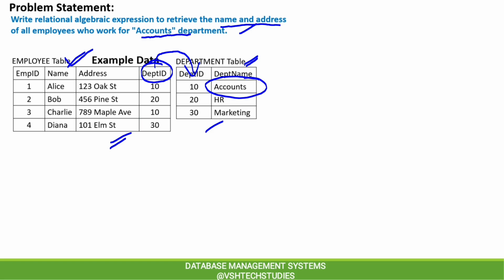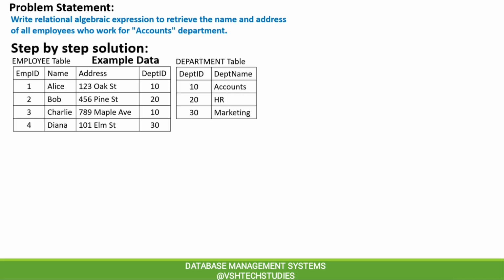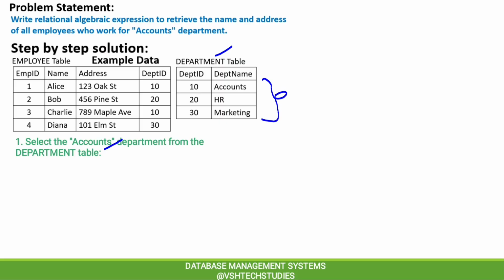Okay. So step by step solution, the first step is, we have to select the accounts department details from department table. So this is the department table. Accounts department details means we'll have to choose those rows, means select those rows where department name is accounts.